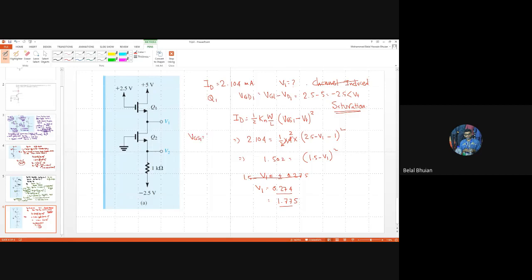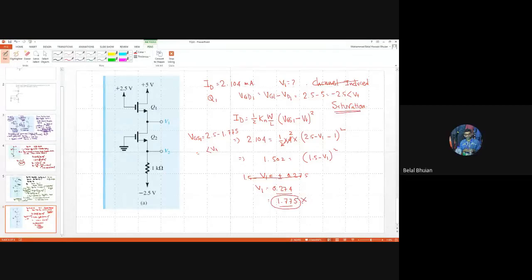VGS1 is 2.5 minus 1.775. If that is the case, what happens? Less than 1, right? Yes, sir. Less than 1, VT, so I cannot select this value.